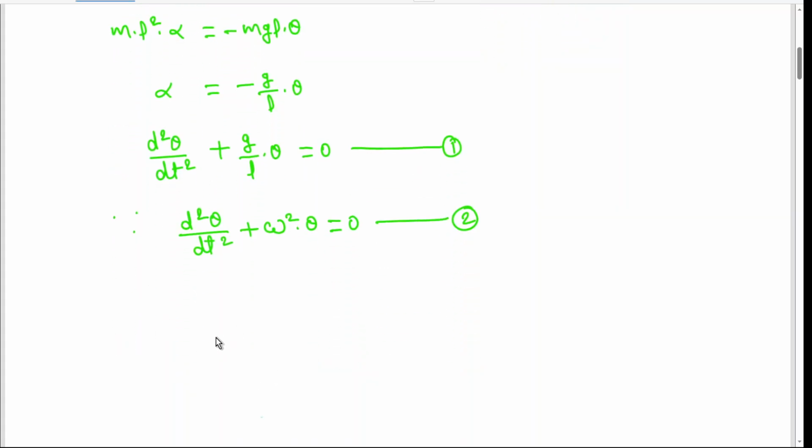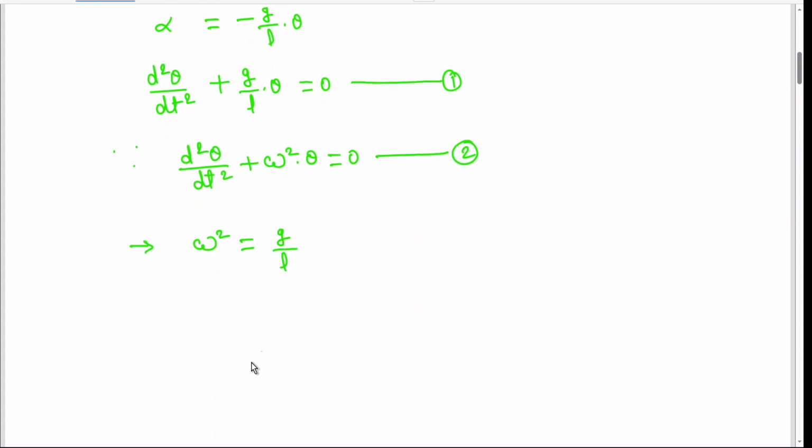So from here, by comparing, we get omega square equal to g over L, right? So here omega is the angular frequency.